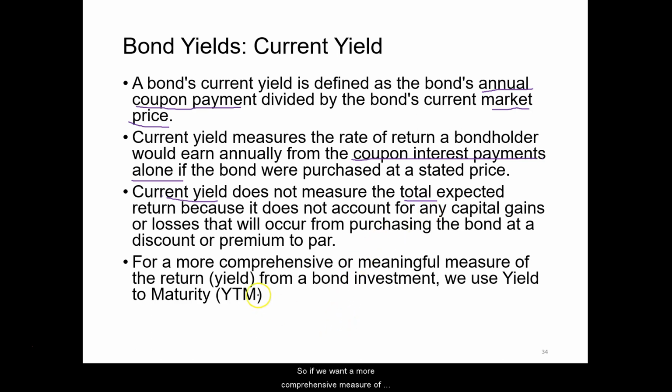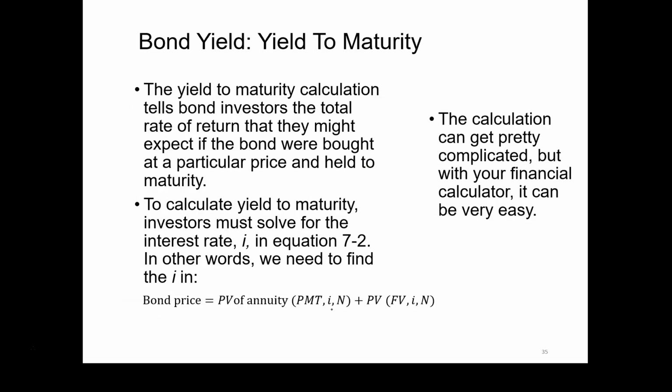So if we want a more comprehensive measure of the return from the bond investment, we are looking at another measure, which is called yield to maturity. The yield to maturity is about the total return that investors can get if they bought the bond at the particular market price and hold the bond every year till maturity.